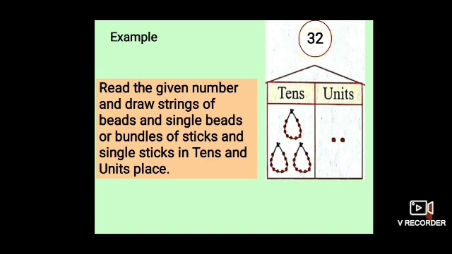Which number is this? 32. So in the tens place it is 3. Now you can draw strings of beads if you want, or you can draw bundles of sticks. So the number is 3, so I have drawn 3 strings of beads. 1, 2, 3. And in units 2. So 1, 2.